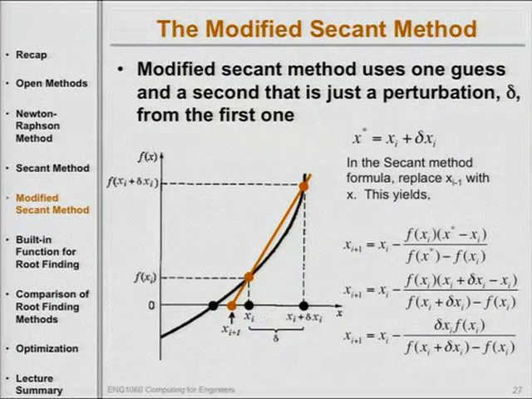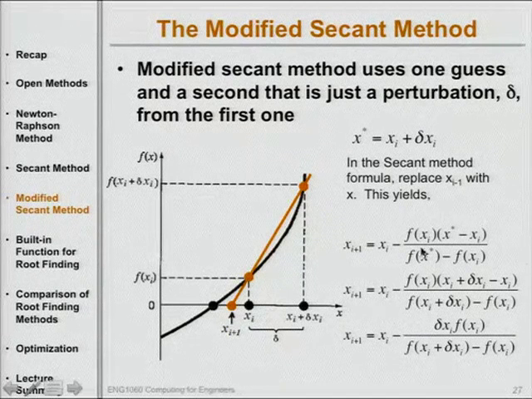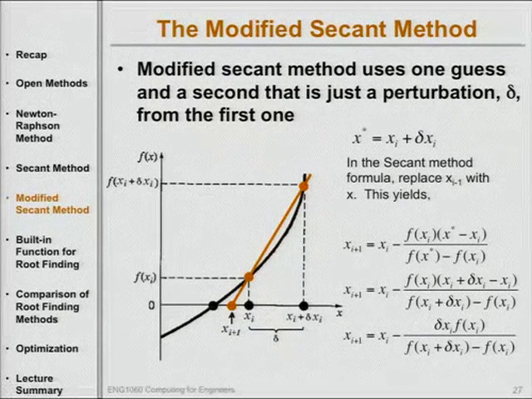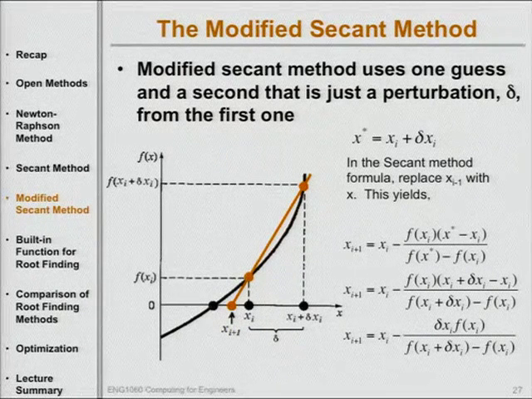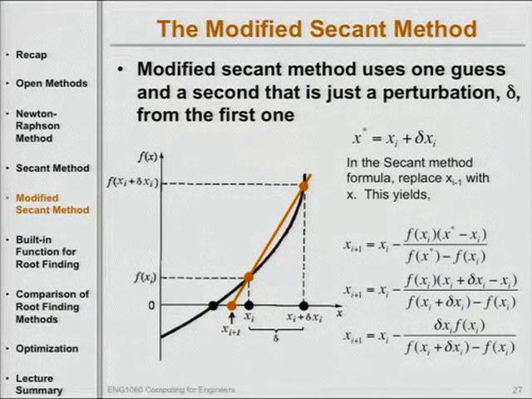Effectively, what we're doing is we're just saying, okay, here's our guess. I need to make an estimate of the derivative using what's known as a finite difference approximation. In fact, if you remember your calculus from when you first learned it, the definition of a derivative was the function value at x plus delta minus the function value at x, divided by delta, taking the limit as delta goes to 0.